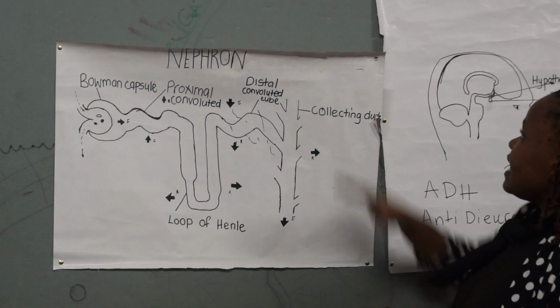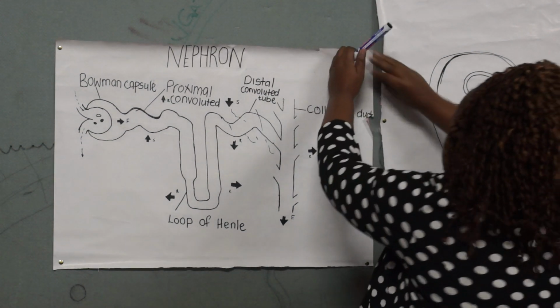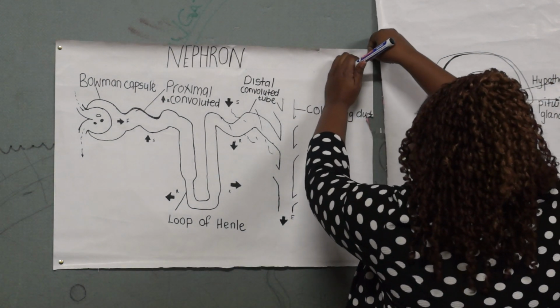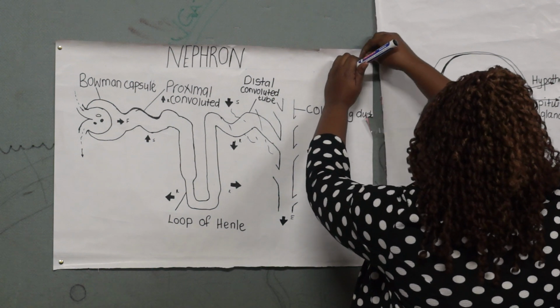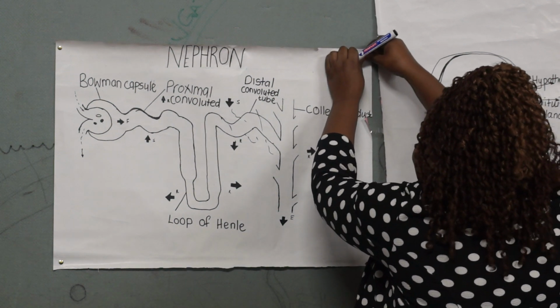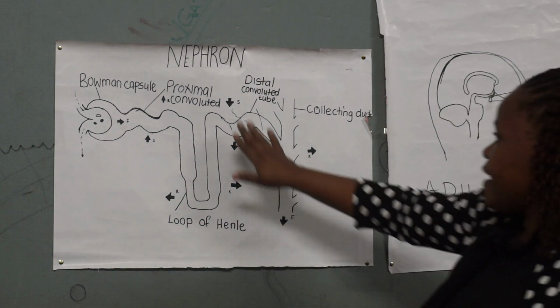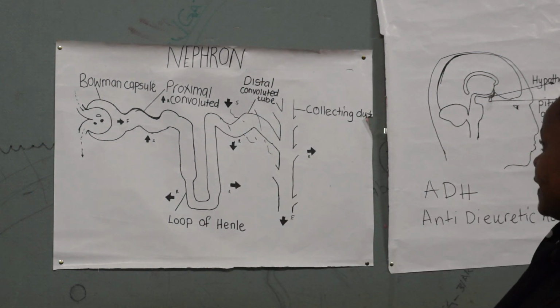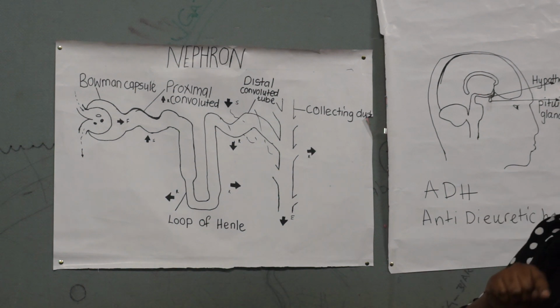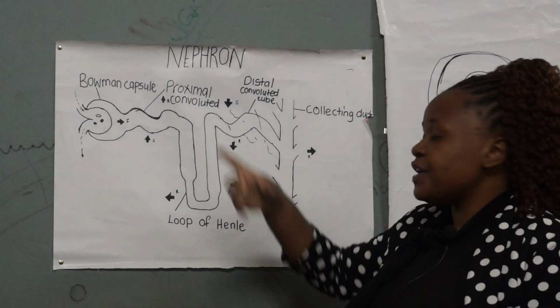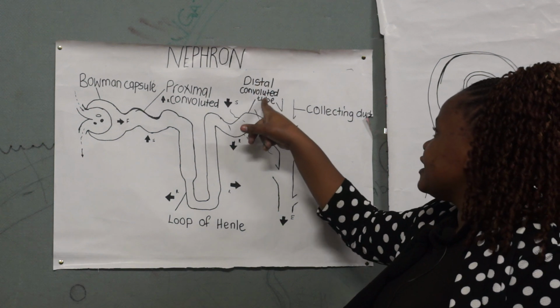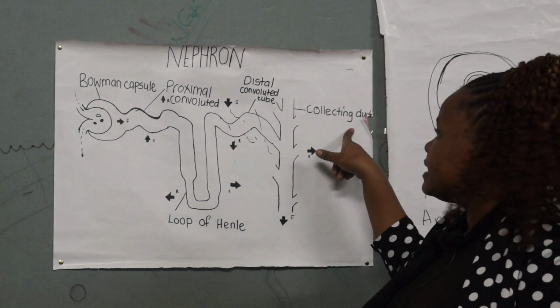So, let me adjust the chart. What does ADH do here? If there is too little water, the targeted part of the nephron is the distal convoluted tube and the collecting duct, right?